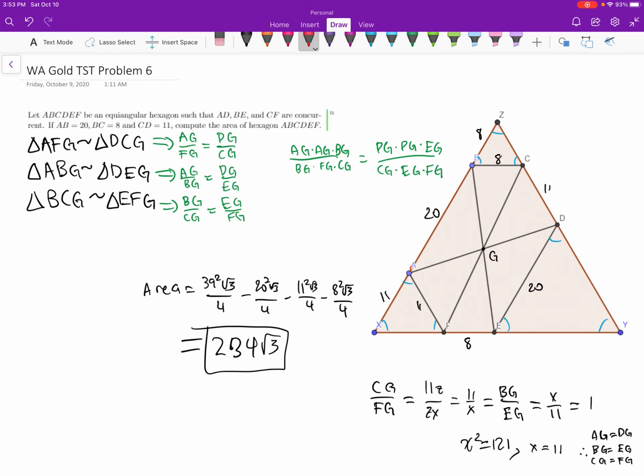And now we can get that the BG's and EG's cancel out, and the FG times CG in the denominators of each fraction cancel out. So we're left with AG squared is equal to DG squared.